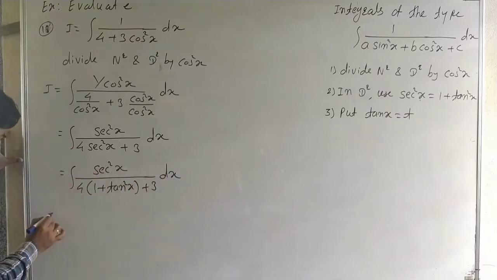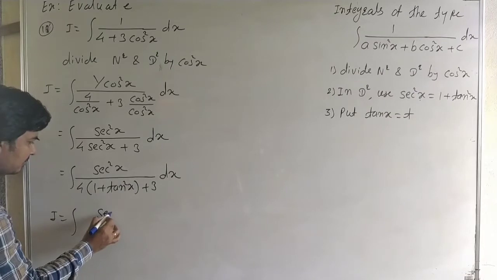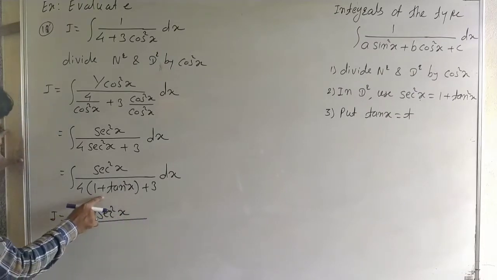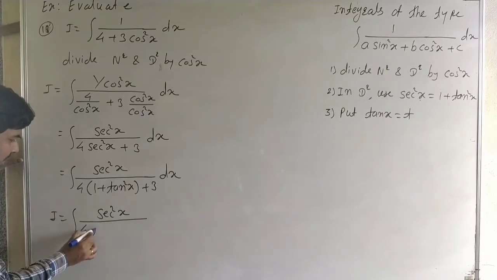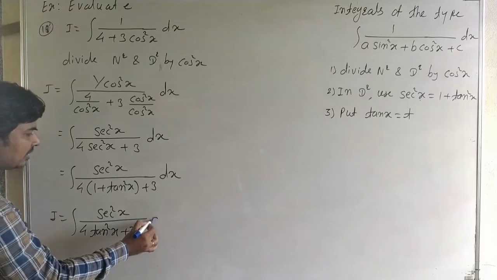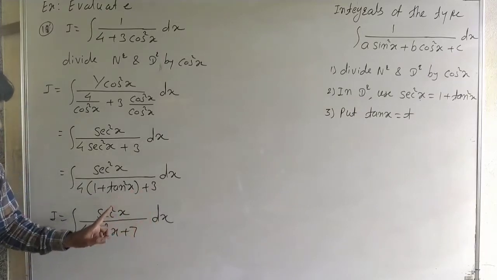Okay, see carefully. Now our integral becomes sec square x upon 4 plus 4 tan square x plus 3, we can write 4 tan square x plus 7 dx.